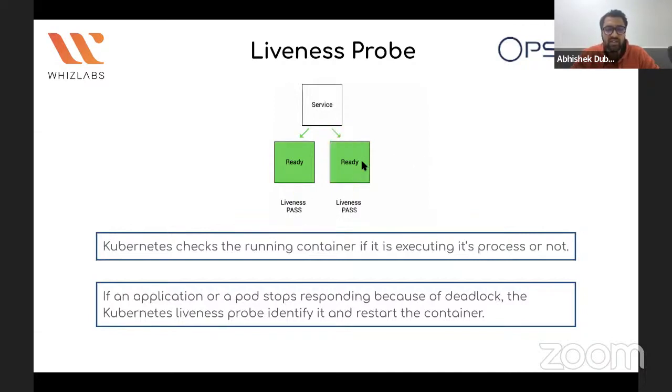So the pod has been restarted and it's in the green state again. That's a powerful feature of the liveness probe, which enables the auto healing feature of Kubernetes. When we say that Kubernetes has an auto healing feature, that's what we are talking about here. For example, if my application is not responding, Kubernetes can automatically restart that application so it can start working again. Does this make sense, guys? Okay.